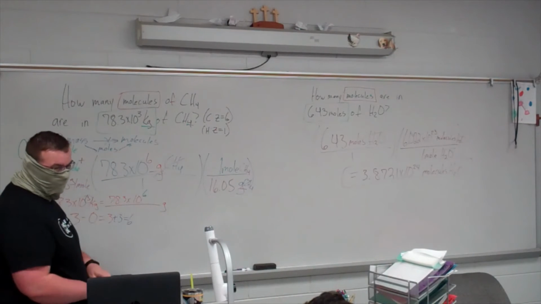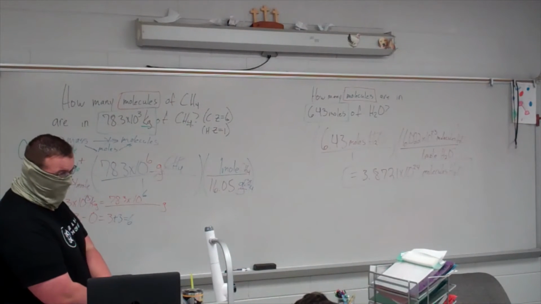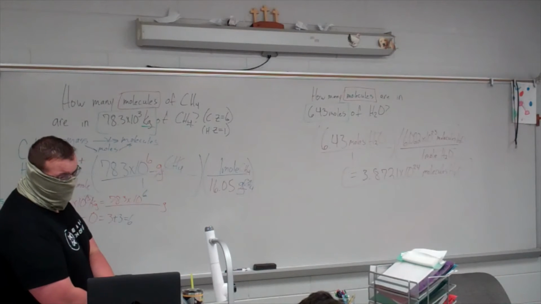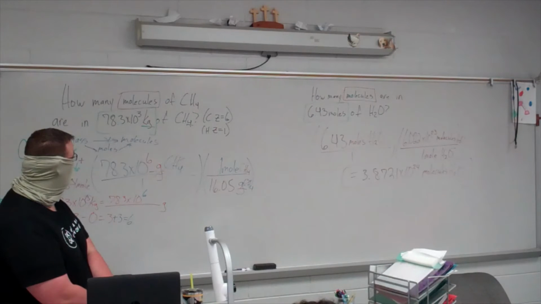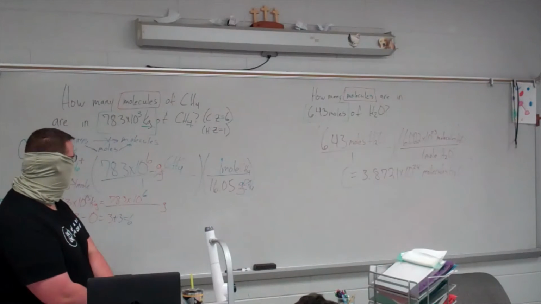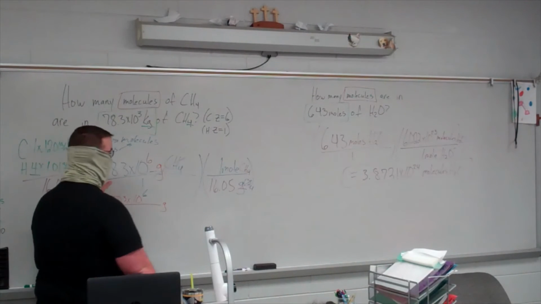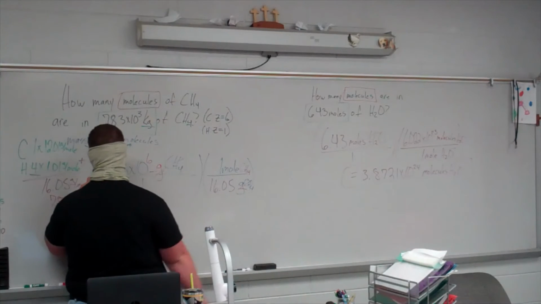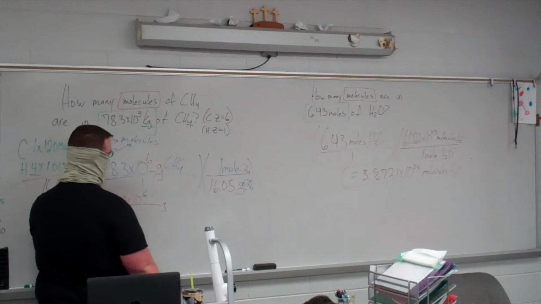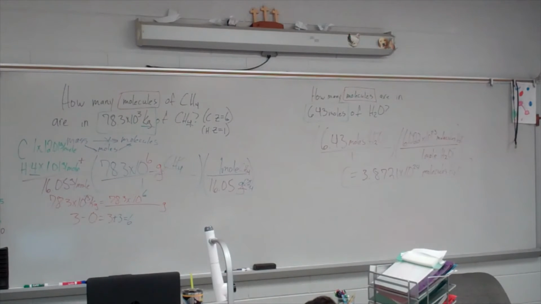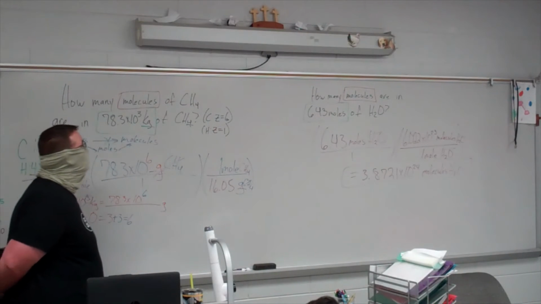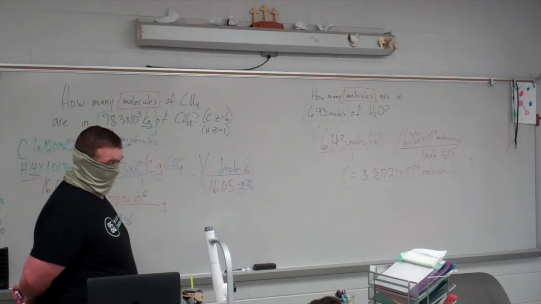In this case you would divide, because this number's in the top and that number's in the bottom. If they're on the top, both of them multiply, but if they're on the bottom, you divide.